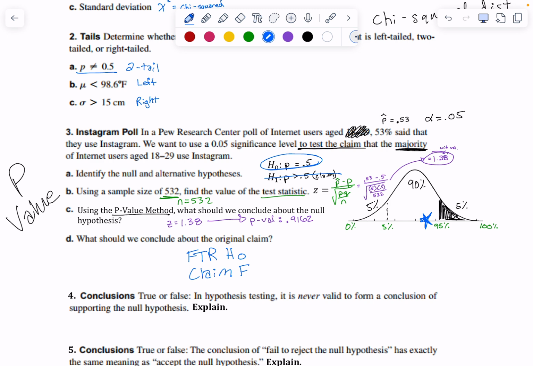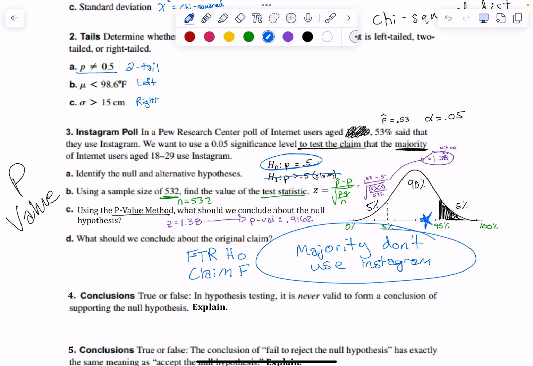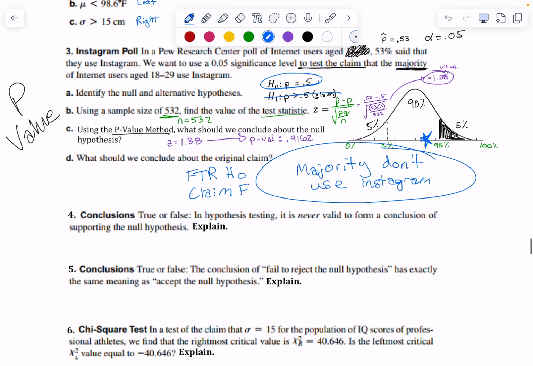Equal to majority. No, wait. Majority would be greater than. So according to this, that's what this means, right? If I ask you what that actually means, right?